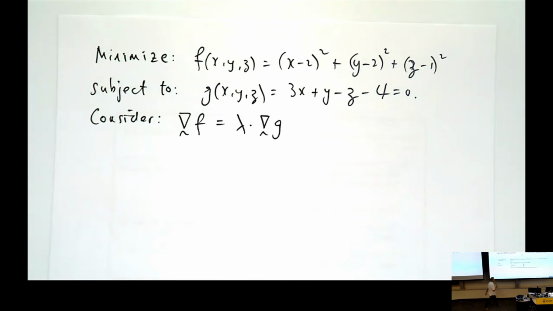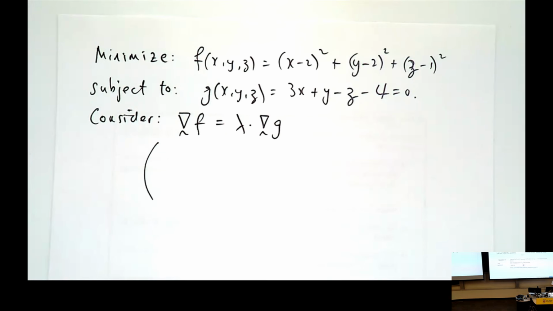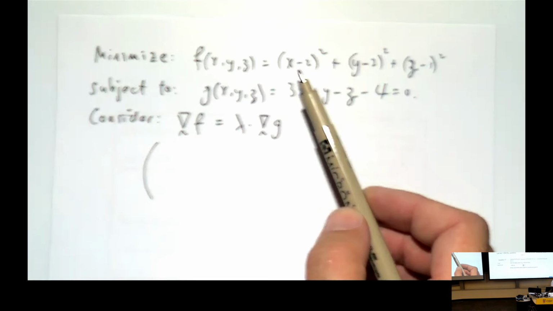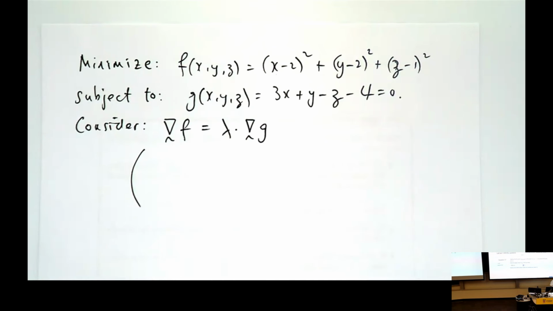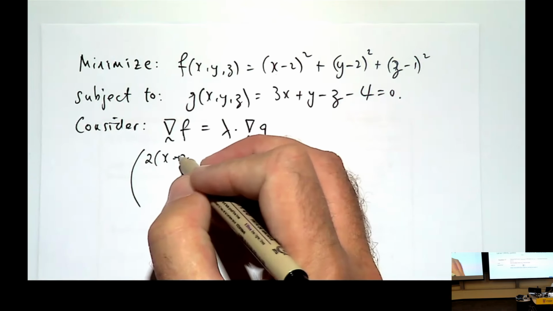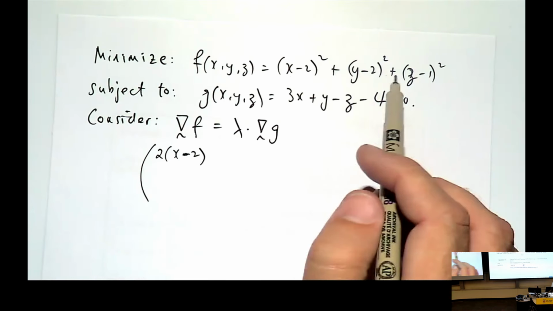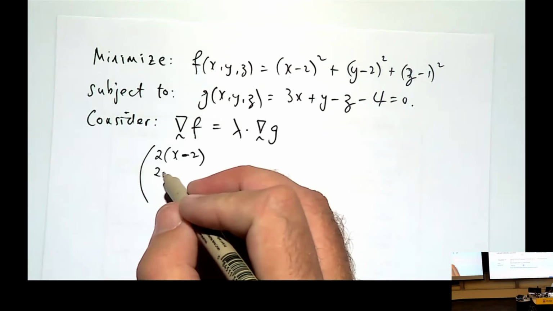All right. The gradient of f involves partials. Differentiate with respect to x and write it down as the first entry. Differentiate with respect to y and write it down as the second entry.